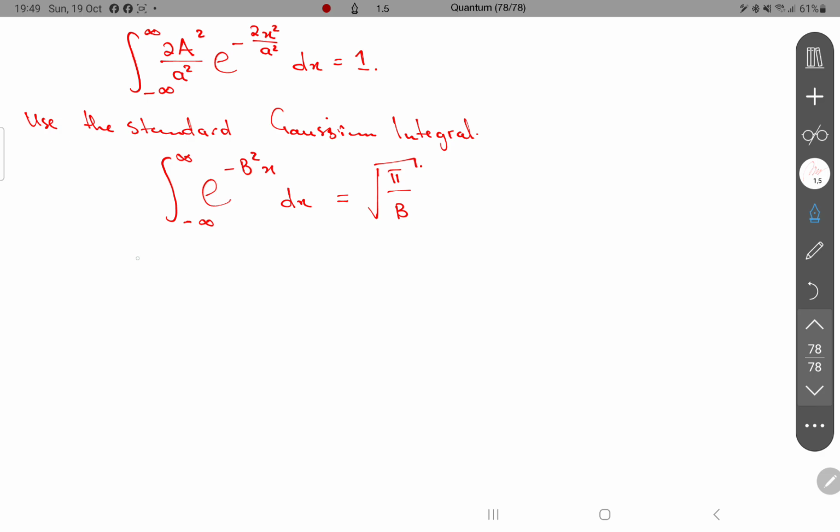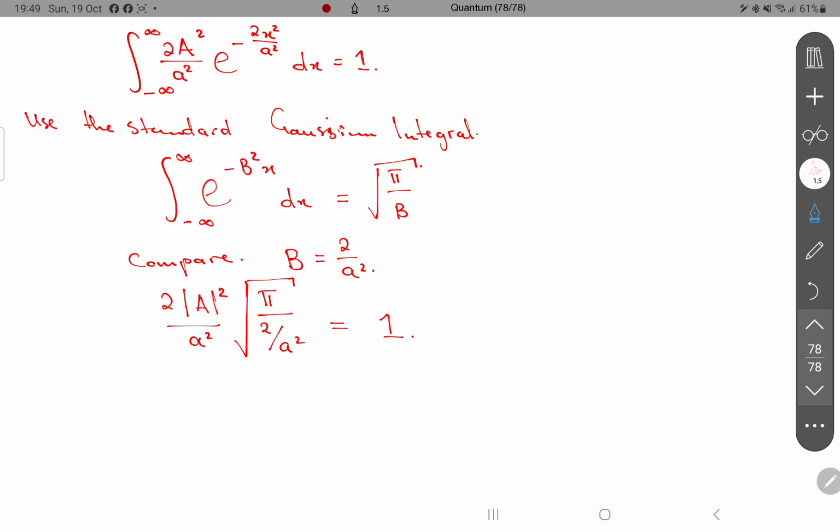So in this case, we compare. You would find that your b is equal to 2 over a squared. So in other words, we are going to say 2 times the modulus of a squared over a squared, small letter a, is the square root of pi all over 2 over a squared, is equal to 1, right?